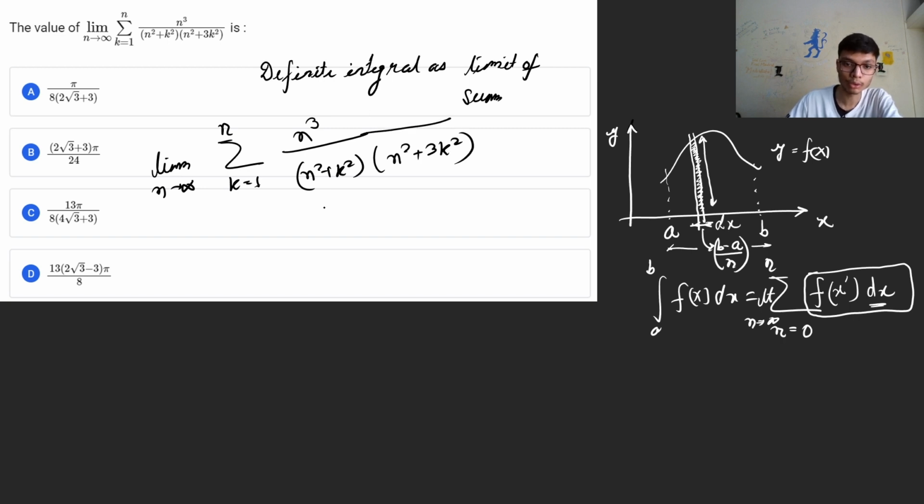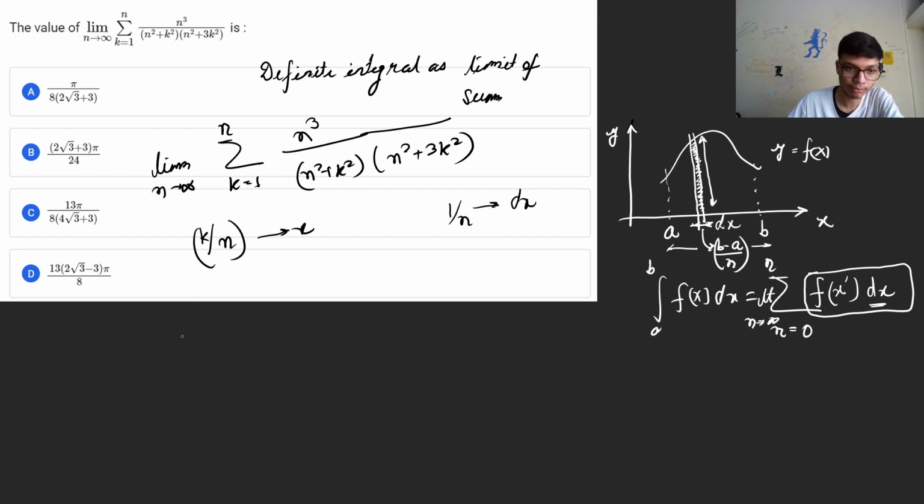A very important thing to understand: whenever replacing the limit of a summation with an integral, you replace k by n with x, and you replace 1 by n with dx.